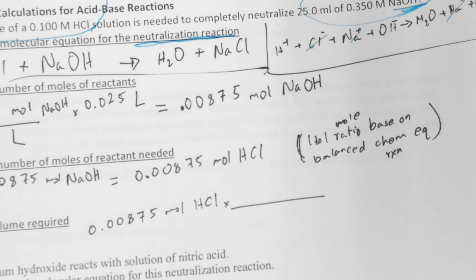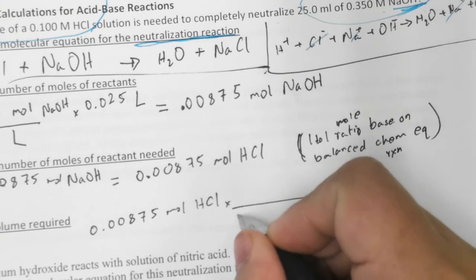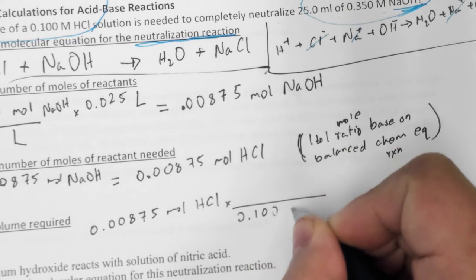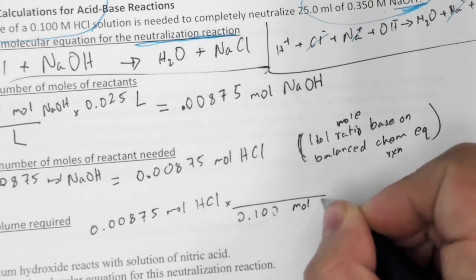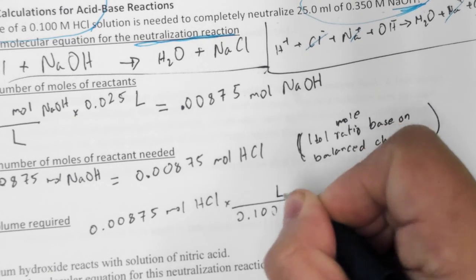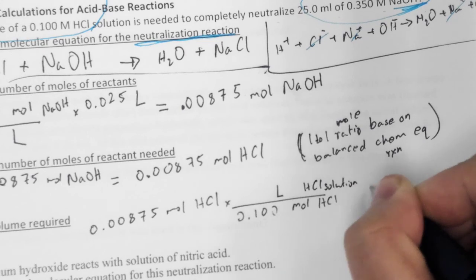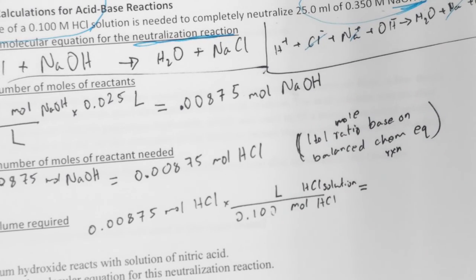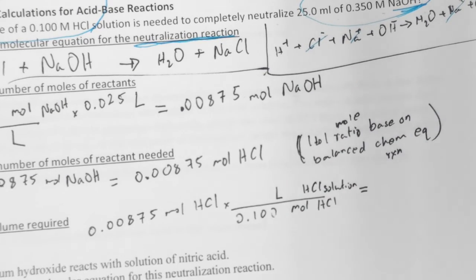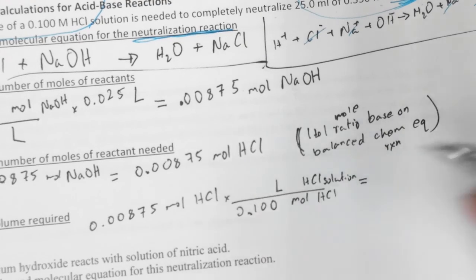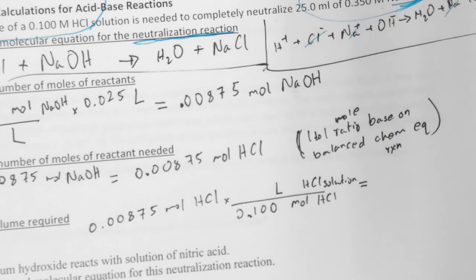Pretty much you are flipping upside down your molarity, because you're going to say 0.100 molarity, which is 0.100 mole HCl per liter of HCl solution. Okay, that is going to give you what? Divided by 0.1.